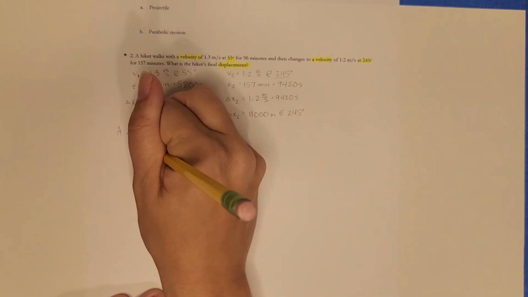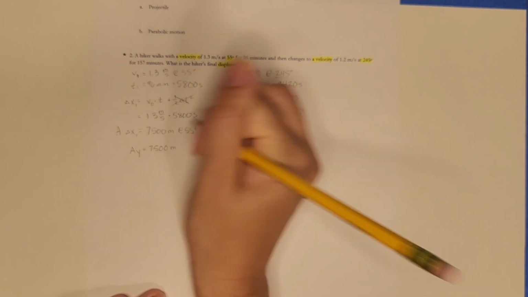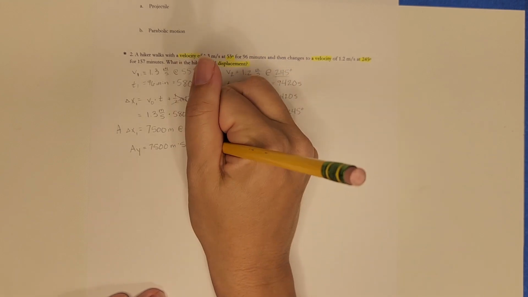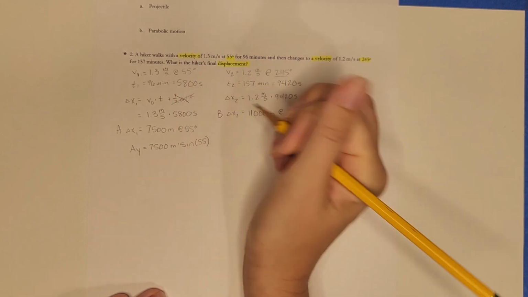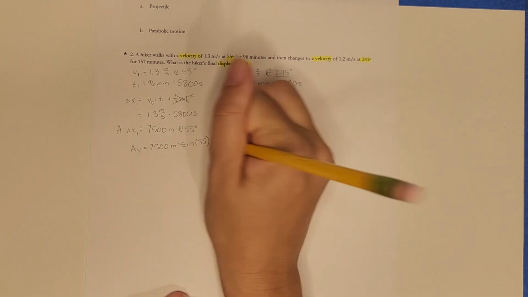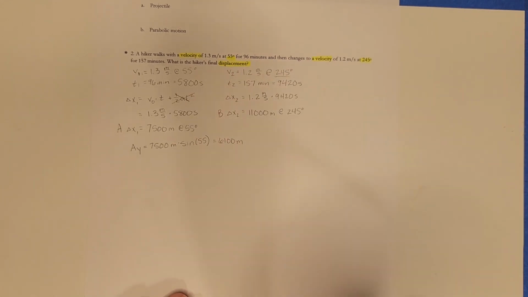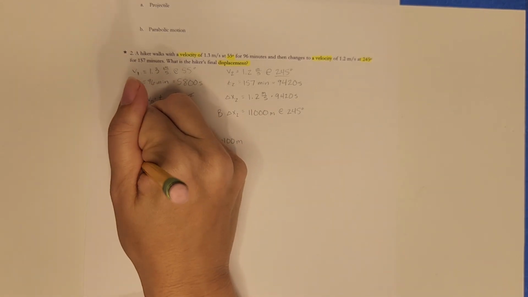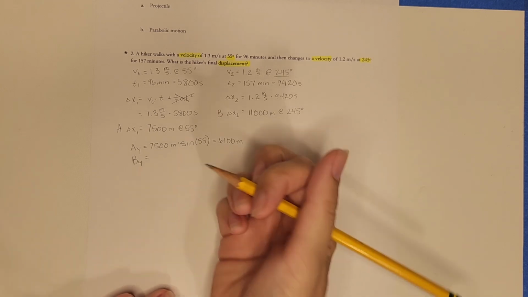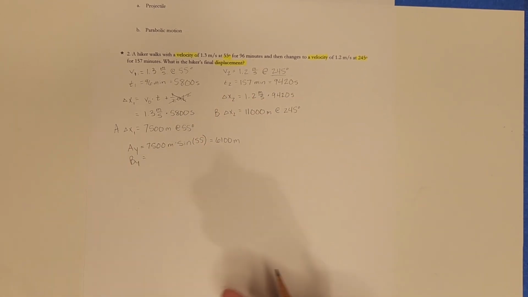So a y equals 7,500 meters times sine of 55, and with that I'm going to get 6,100 meters. And I like to do the y's together and the x's together instead of the a's together and b's together.